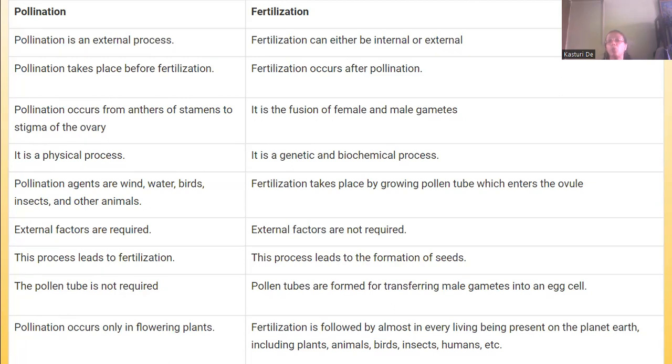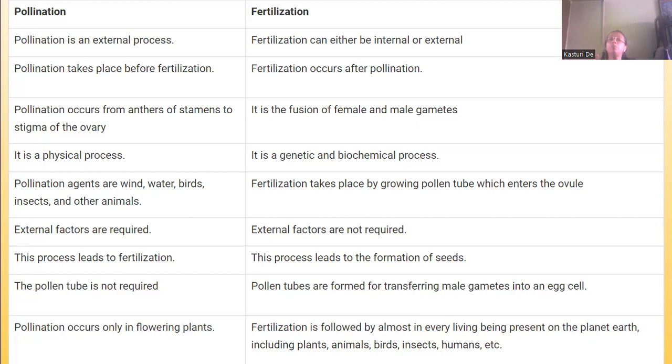Pollination agents are required, like wind, water, birds, insects, and other animals, whereas fertilization takes place by growing of the pollen tube which enters the ovule. Here, no agents are required. Okay? Then in pollination external factors are required, whereas in fertilization external factors are not required. Pollination leads to fertilization, whereas fertilization leads to the formation of the seeds.